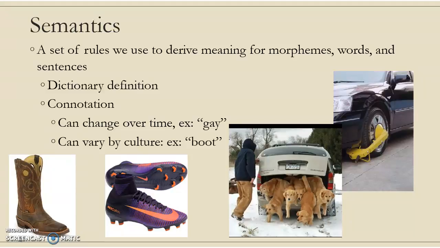Seventy years ago, when you said gay, you usually meant how somebody was feeling. If they were feeling gay, they were feeling happy. Today, I don't think I've heard it in a very long time used to express a feeling. It's usually used to express someone's sexuality. So even though it has the same dictionary definition, the connotation changes throughout time.